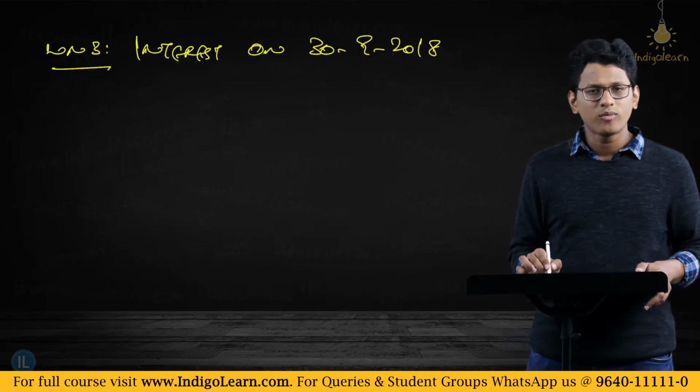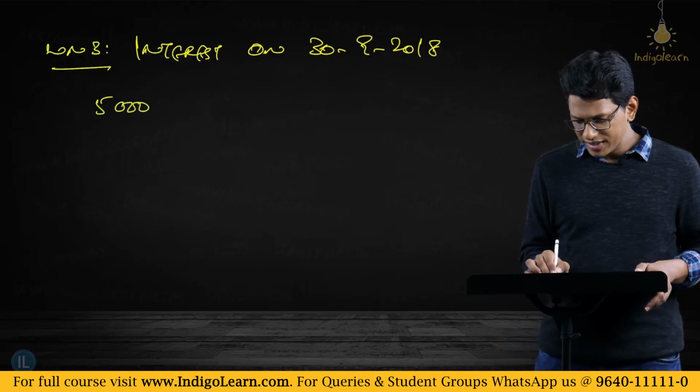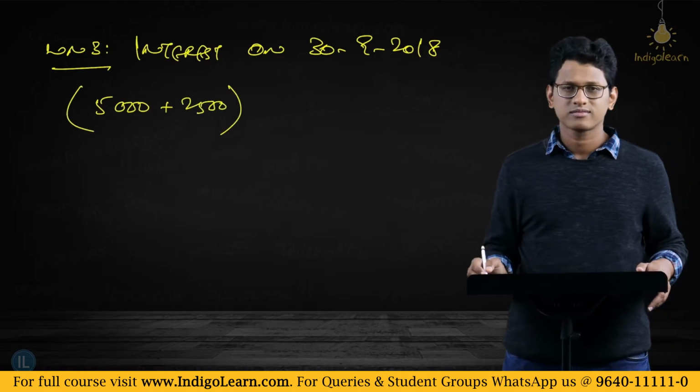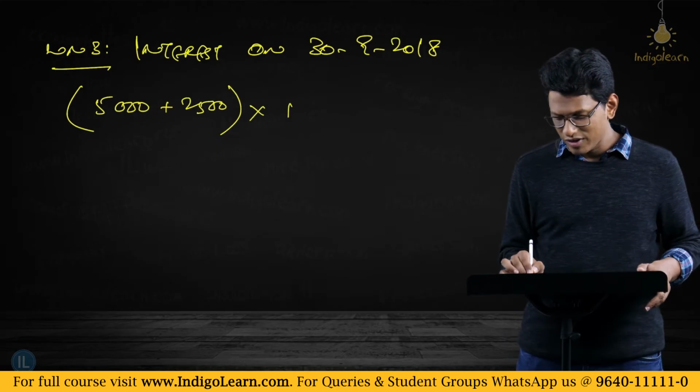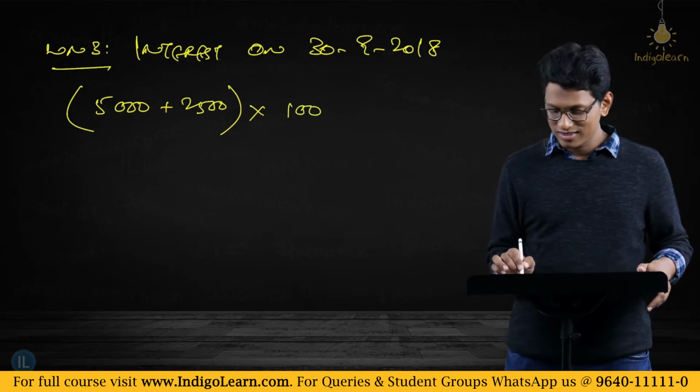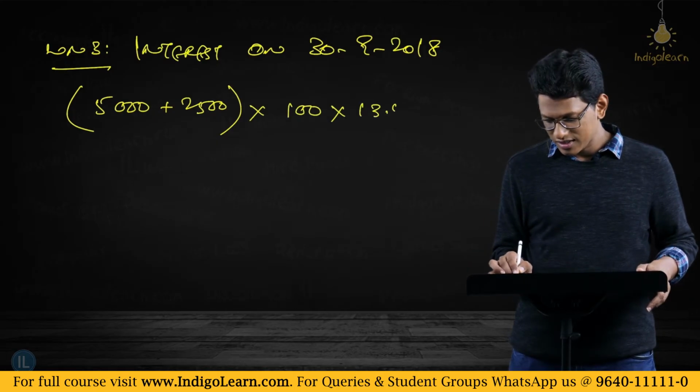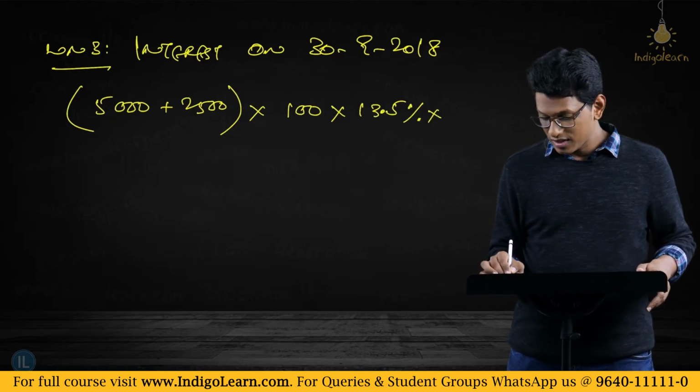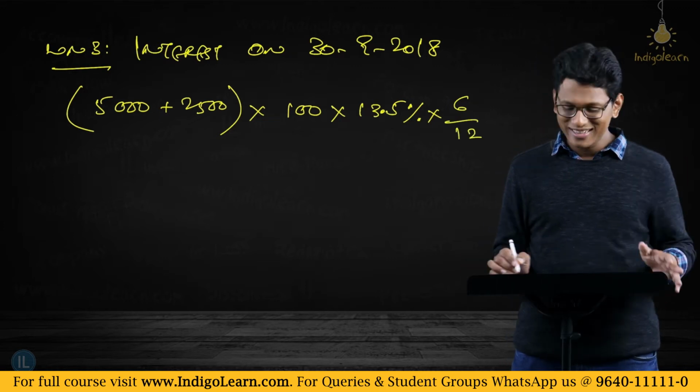Okay. Totally, how many debentures do we have? 5,000 plus 2,500 debentures, 7,500 debentures. Face value 100. Interest 13.5%. What is the period? 6 months out of 12 months. That will be the interest.